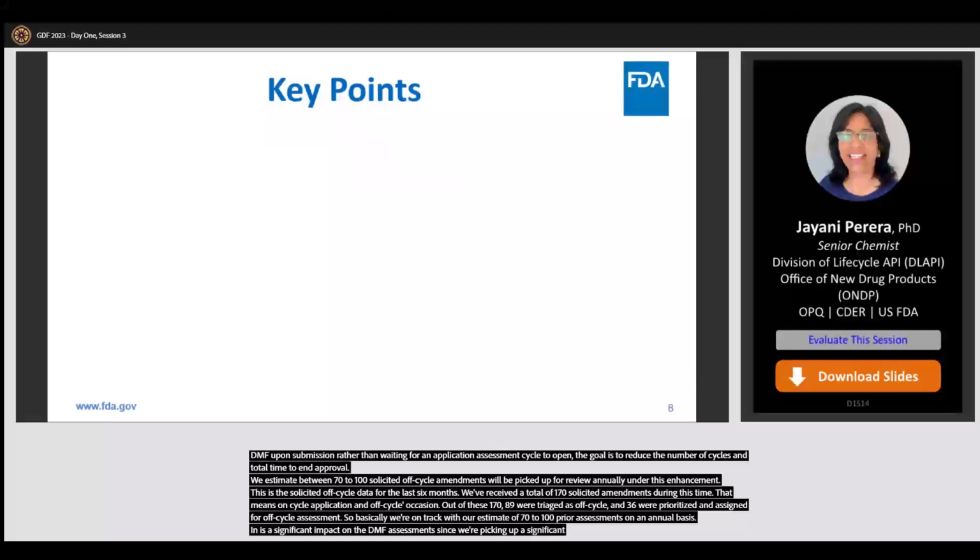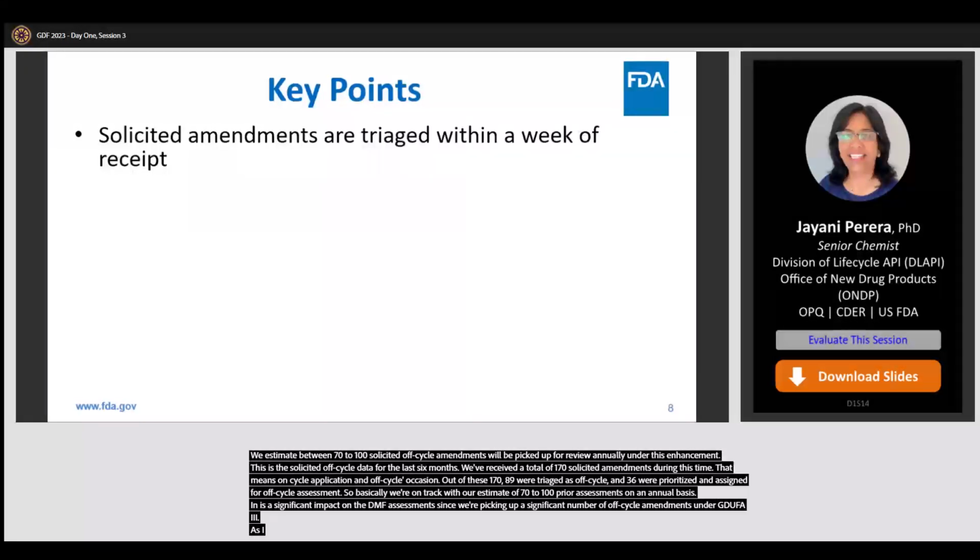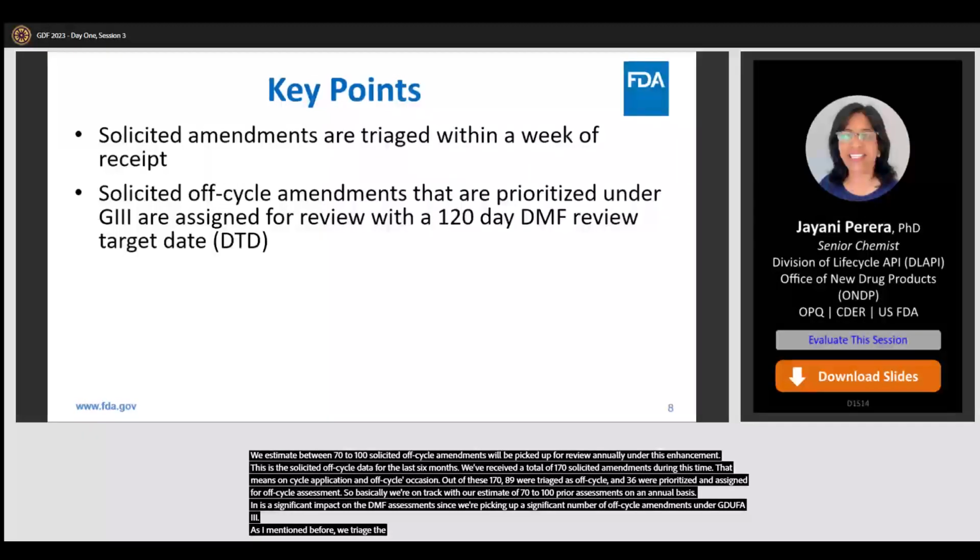As I mentioned before, we triage the solicited amendments upon receipt, usually within a week. The amendments which are prioritized under this enhancement will be assigned for review with a DMF review target date of 120 days.